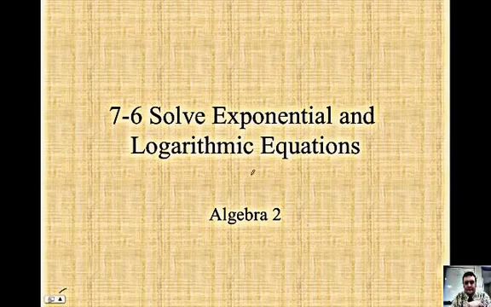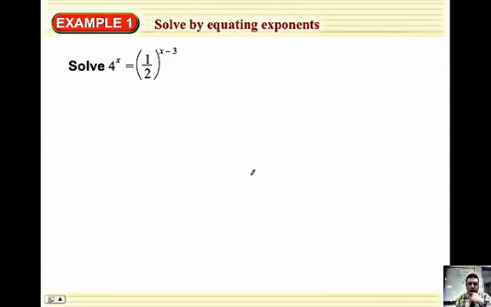Number one, solve by equating exponents. When you have an equation and you can get these two things to the same base, there's a property in the beginning of this lesson that says b to the x equals b to the y. Notice they're the same base. If it's some number to the x equals the same number to the y, then x would have to equal y.